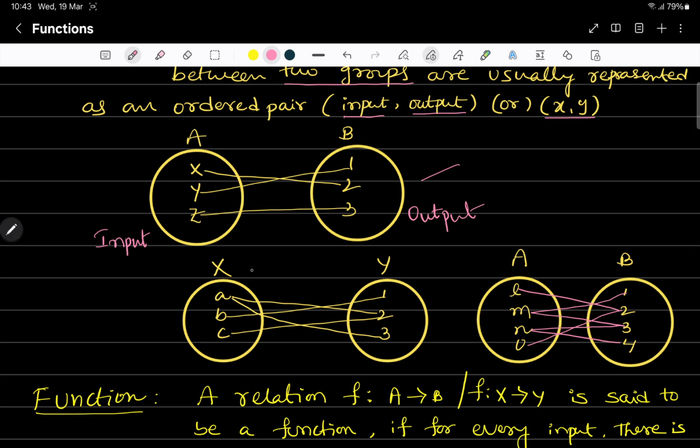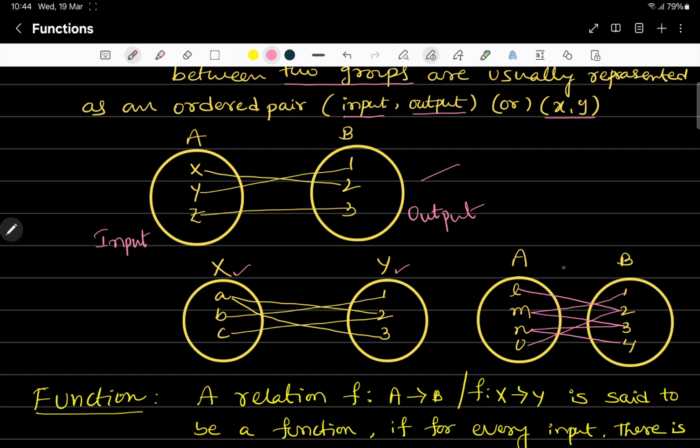Here I am taking two groups, the first group having A, B, C, the second group having numbers 1, 2, 3. Now the letter A has a relation with two numbers, 2 and 3. B has a relation with 1 and C has a relation with 2. So this is one relation.